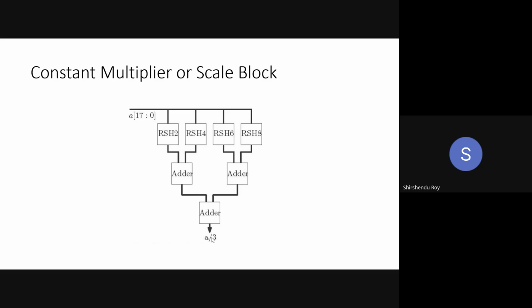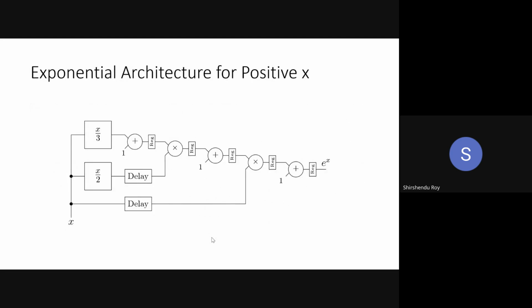Now, we have discussed this x by 3 block, adder, register, multiplier, everything. Delay block, we don't know how much delay will be required here. And x by 2, we already know that it's division by 2, so we don't have to do anything here.